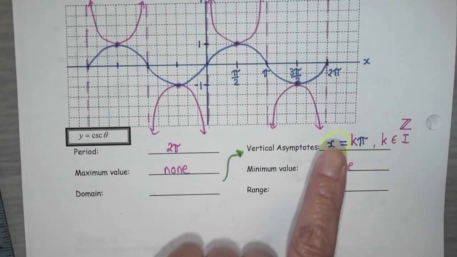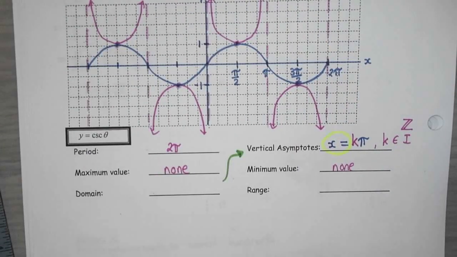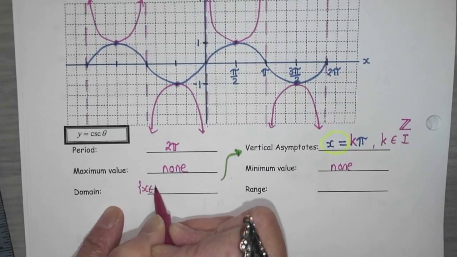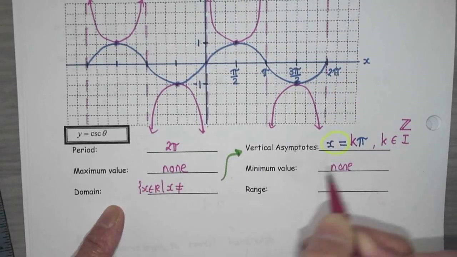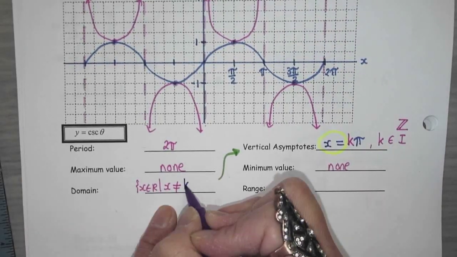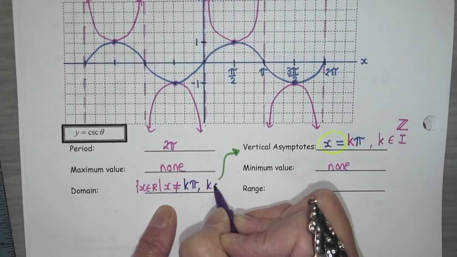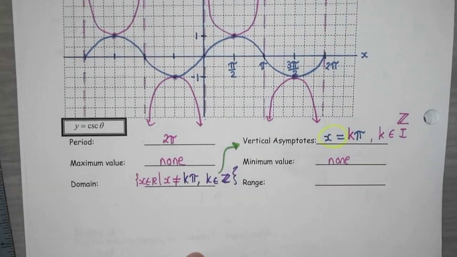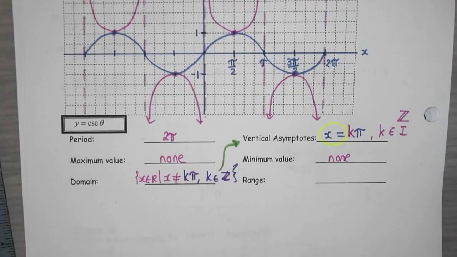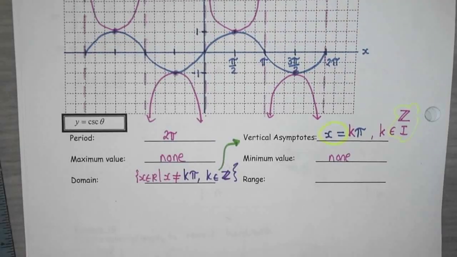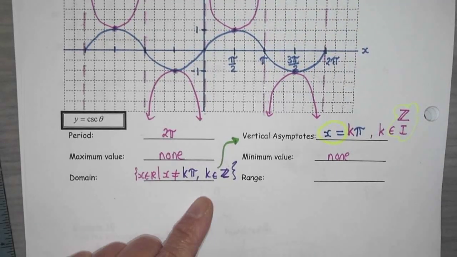That's why I said the set notation is actually a lot easier in this case, because when you write this one, you're going to go x is an element of the reals, but x cannot equal those, the k pi, where k is an element of the integers. Like that. So I'll accept either one, I or the Z. Again, I don't know why we did I. Okay?